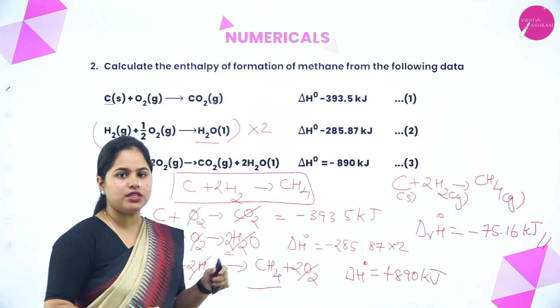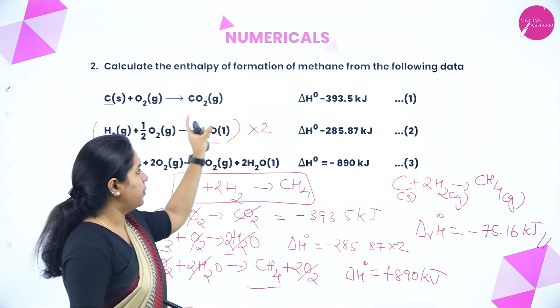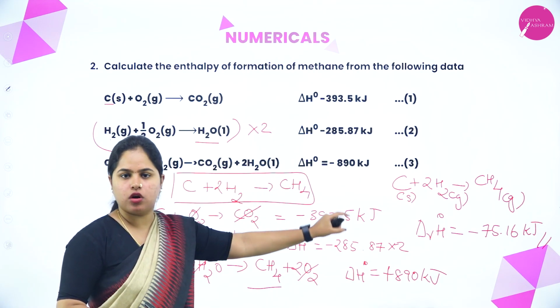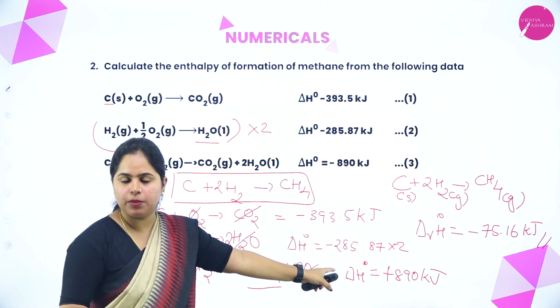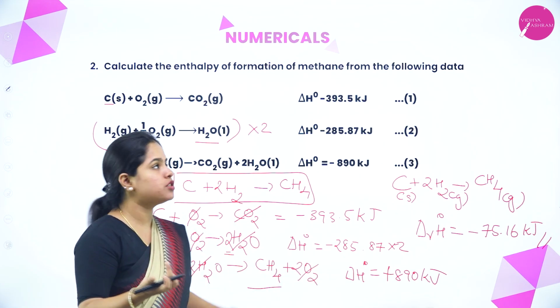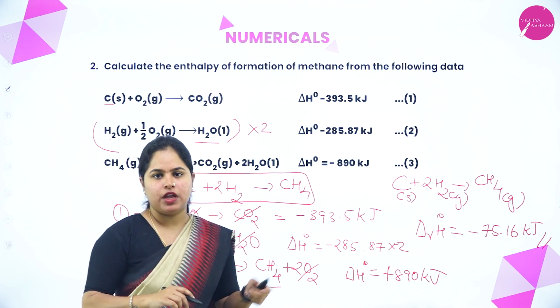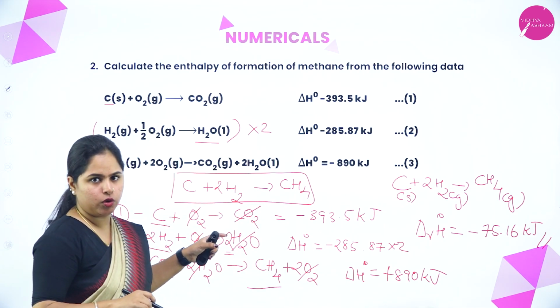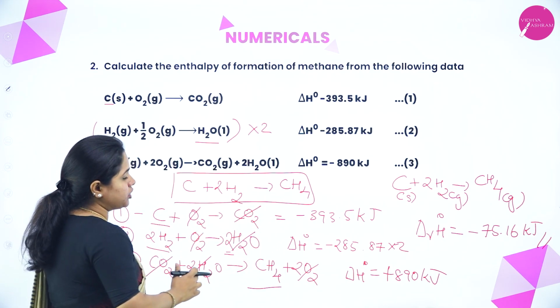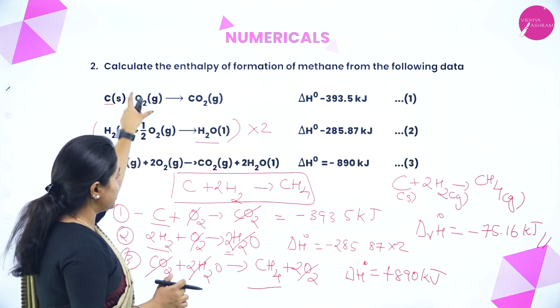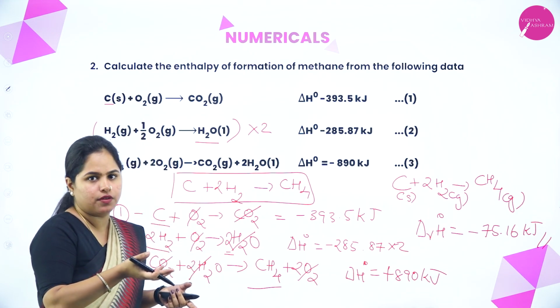So how you have to do is either the reactions will be given, corresponding enthalpies also will be given, or else just the enthalpies will be given associated with the reactions. You yourself have to write the reactions, which we have done in the previous question. And just by rearranging it, okay, we write down the reaction that we need first, and then from the reactions which is given, we just rearrange the values.